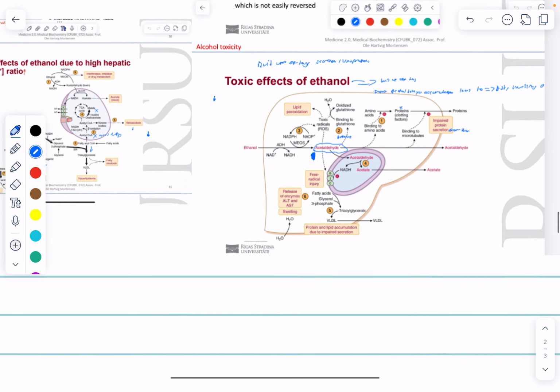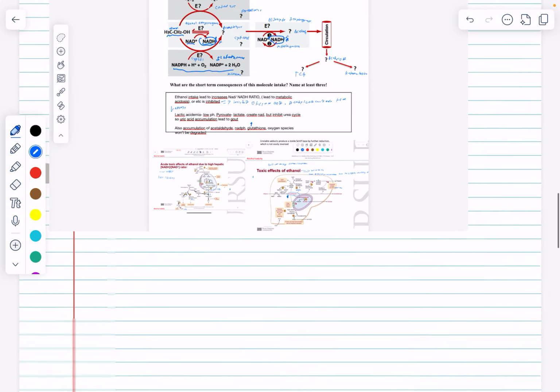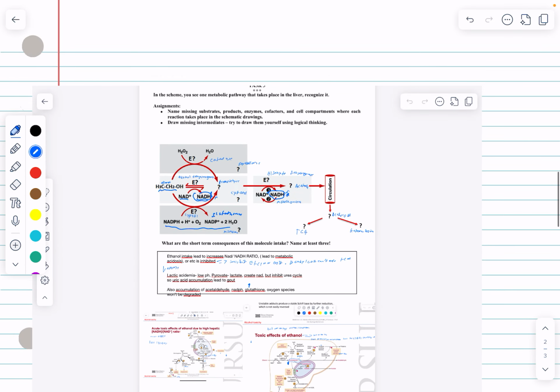And because we are using this glutathione so much, what will happen? These reactive oxygen species will just be left without anyone defending against them, and it will lead to cell necrosis as well. And this is what I was trying to mention right here. So I think I've covered everything.